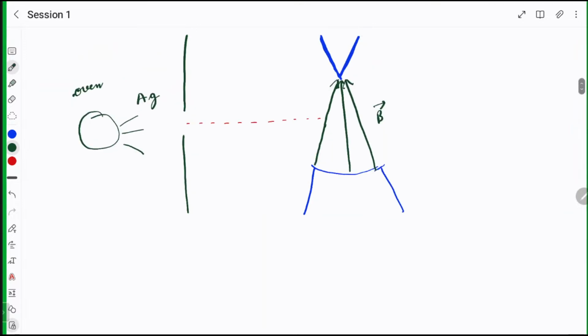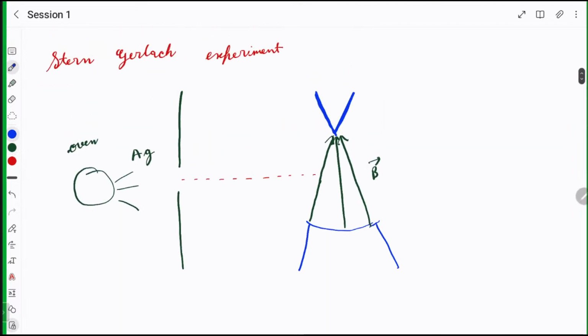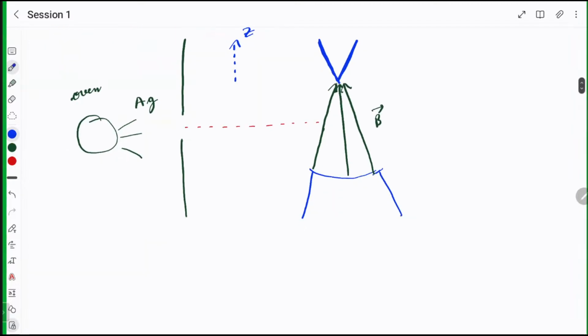And the inhomogeneity, so let's say this is the Z direction, will be along the Z direction. As in, if you look at del Bz del z, for example, that would be non-zero. And then finally here we have a screen.